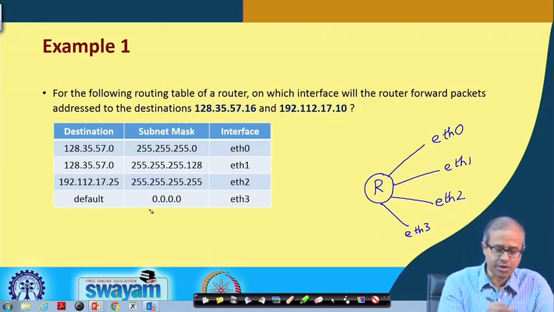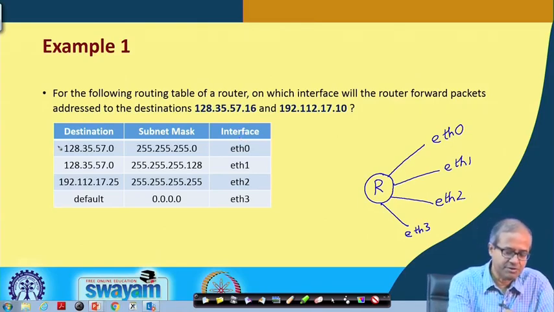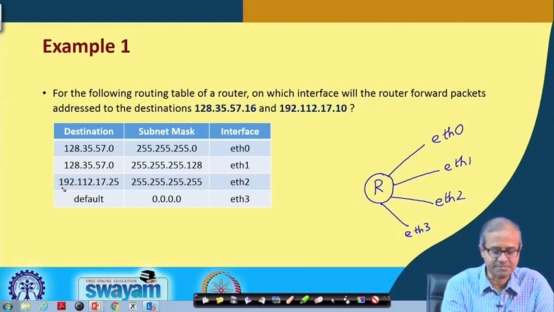Now, you look at this routing table. Here I have not shown all the fields, only the relevant fields: destination IP address or the destination network address, subnet mask and which interface to forward it to. You see there are 4 entries, there are 4 destination network or host addresses.